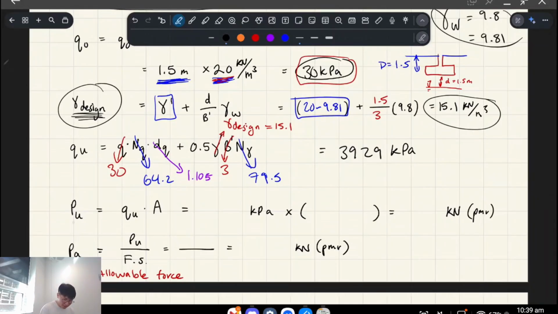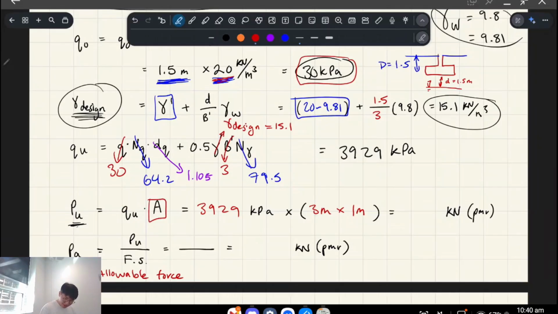Now we can find the ultimate force, which is just stress times area. Our stress, or bearing capacity, is 3,929, and our area is 3 meters times 1 meter per meter run. Sorry, I keep mixing up how I do my working out.